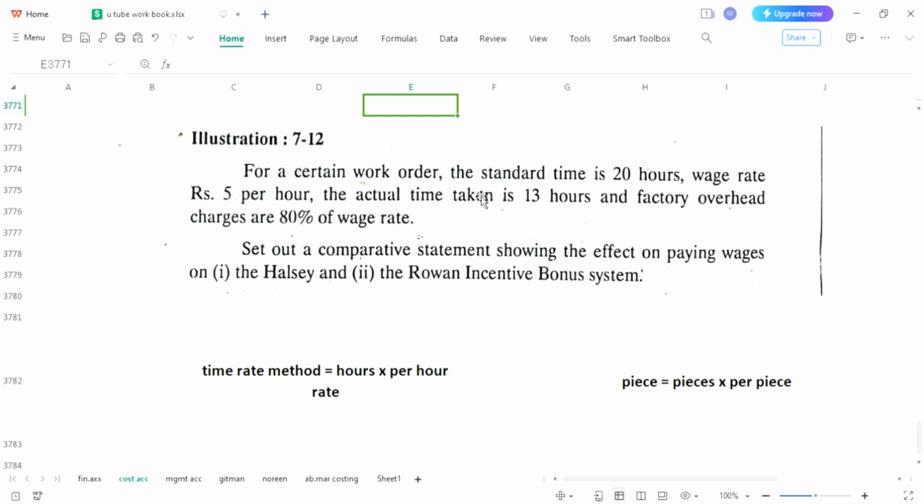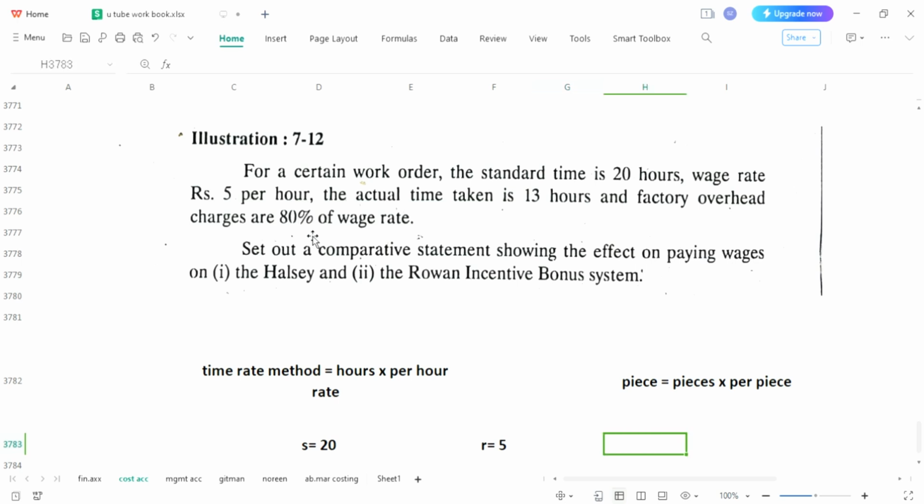For a certain work order, standard time is 20. Why not note it down? Standard time stands for S, so S is equal to 20. Just to note it down, it would be helpful and will save our time as well. Wage rate is 5 and it is denoted by R, and that is 5.